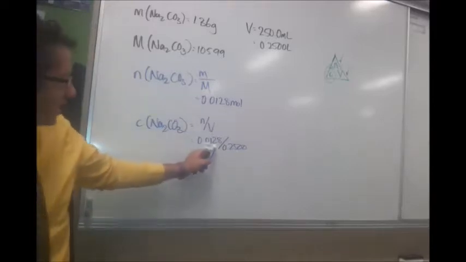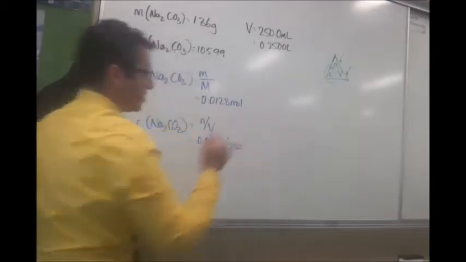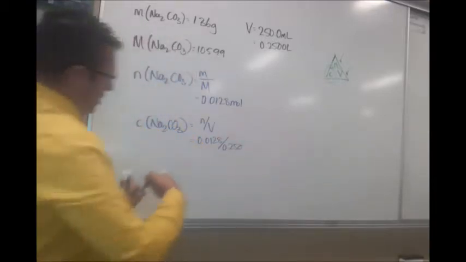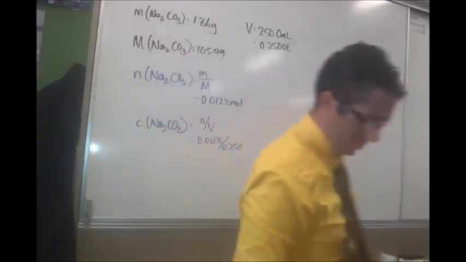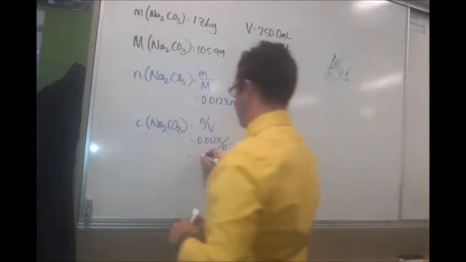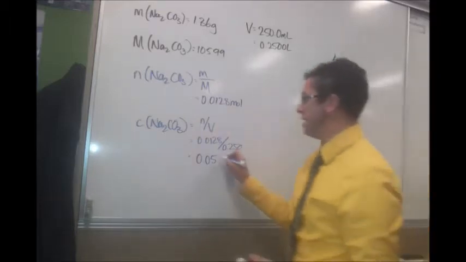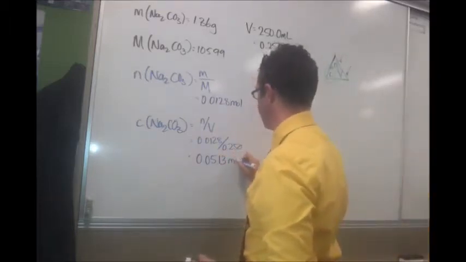And again, 3 significant figures in this one, so that'll be my limit. So there's no point putting that 0 there because it's not going to matter. And I get 0.0513 moles per litre.